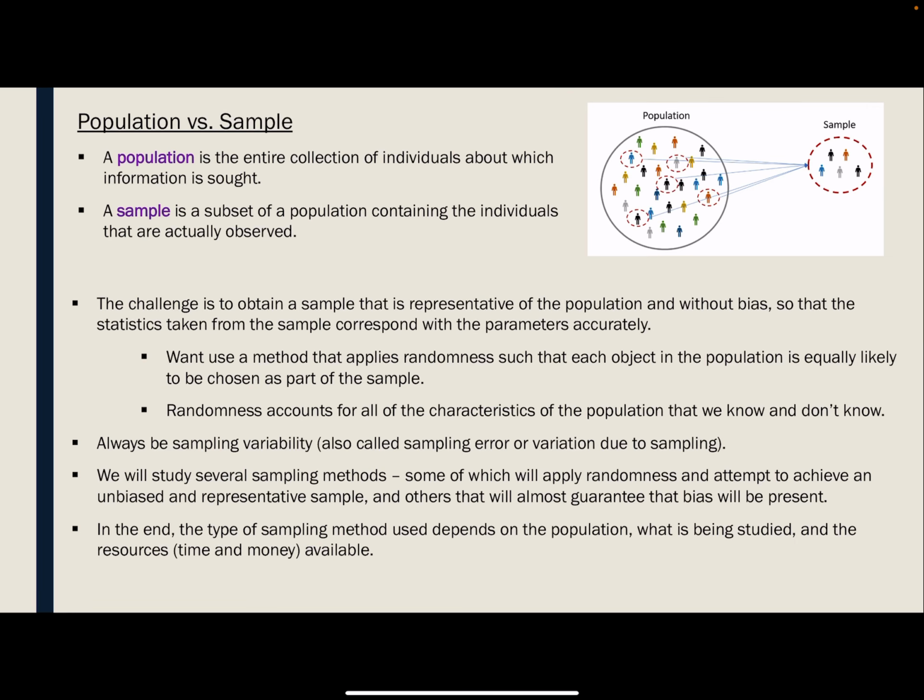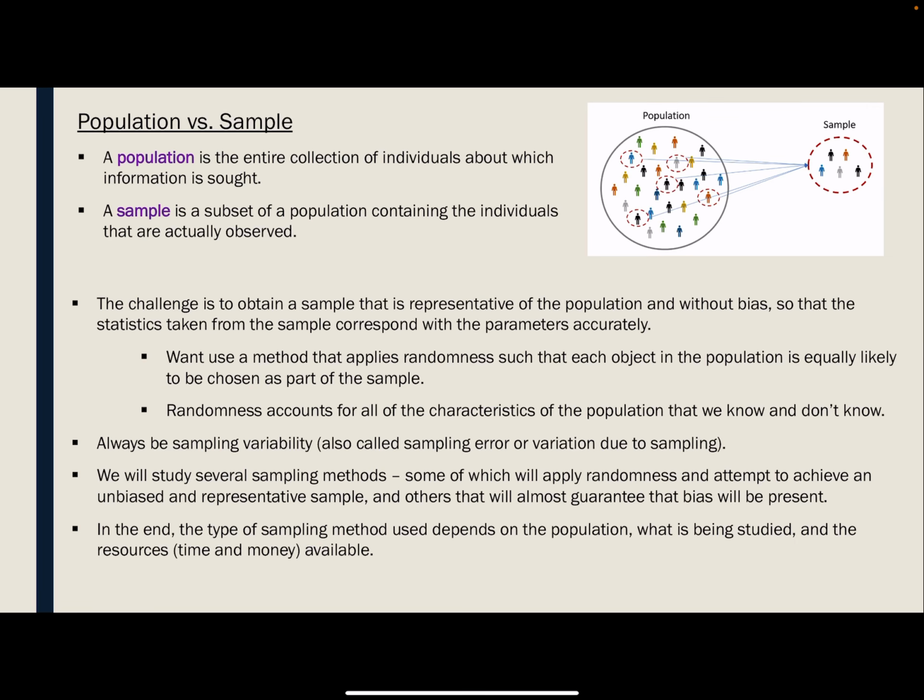Because when we ask questions about the population, we can't normally collect data from the entire population. It's usually much too large and much too difficult to do so. So instead, we want to collect a subset of that population.